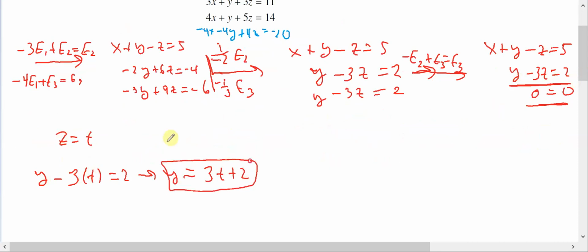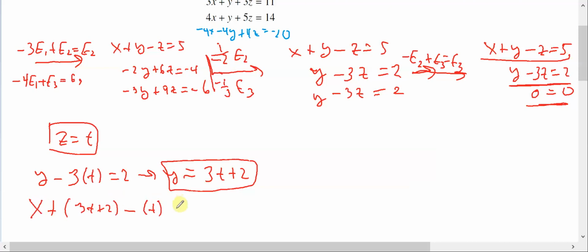So there's my y, here's my z. Now I'll take both of those and plug into this top equation, the first equation, and I'll have x plus y, but here's y, 3t plus 2, minus z, but z is t, and that's supposed to equal 5. So that's going to give me x plus 3t plus 2 minus t equal 5.